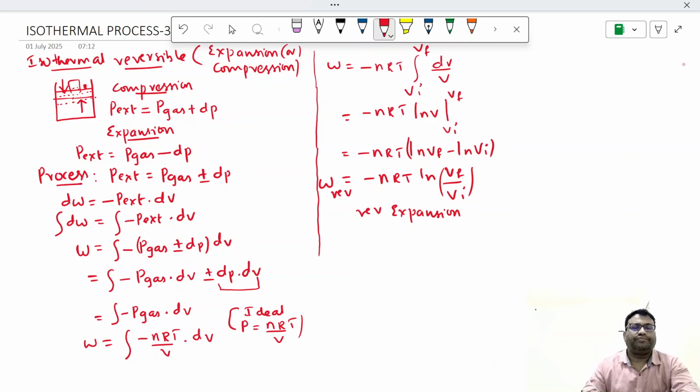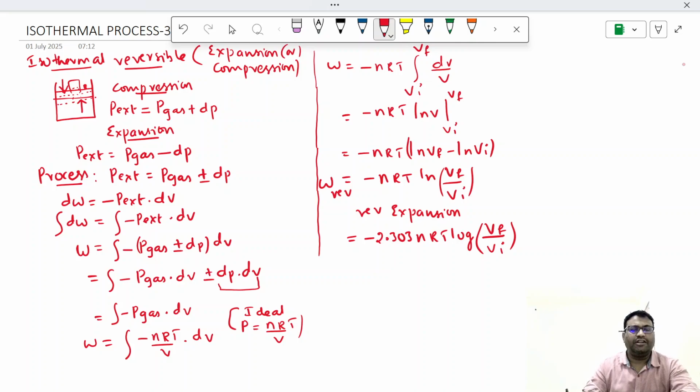If you convert natural log into log base 10, then you multiply by 2.303. So work done reversible is equal to minus 2.303 nRT log V final by V initial. This will be log base 10. So this is for expansion.